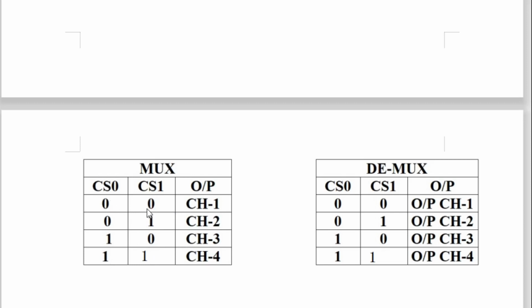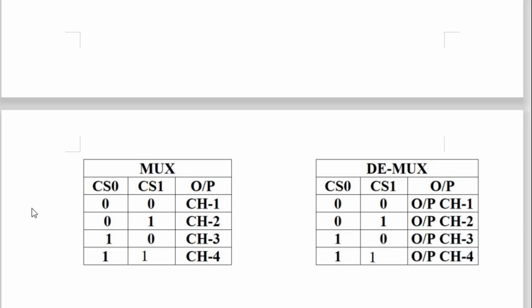Now, if these control signals are generated by a 2-bit counter, then that counter's output will start from 0 0, then increment to 0 1 after applying the clock, because the counter's output will get incremented if and only if you apply the clock.